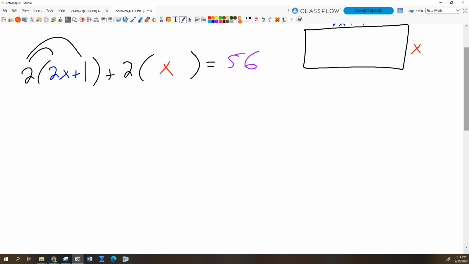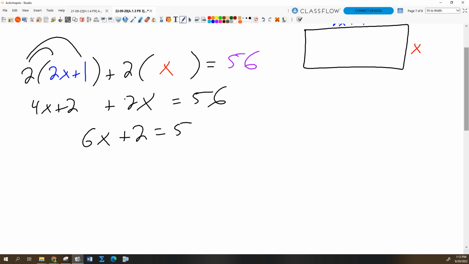Okay, I'll ask somebody else then. Oh, there you go. Okay, good. 4x plus 2, good. Plus 2x, 2 times x is just 2x, right? Equals 56, combine like terms. 4x plus 2x is 6x, plus 2 equals 56.